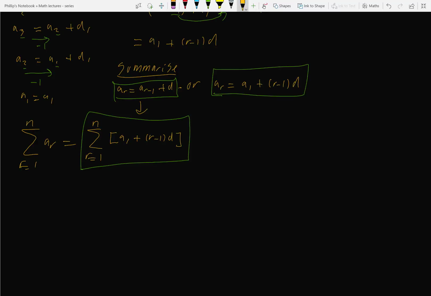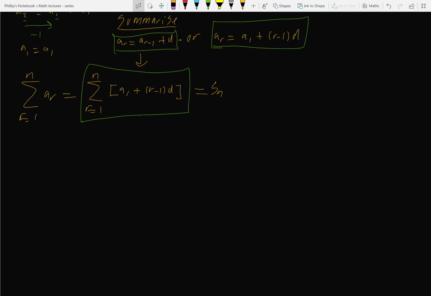So remember as well last time we said that nth partial sums can also be written as Sn. So that's how we're going to write this as Sn. What we can say is this. So we've got Sn is equal to, well, let's put R equal to 1. So we've got A1 plus 1 minus 1 times D, which is A1 plus 0D.